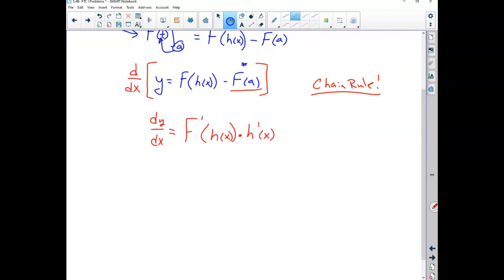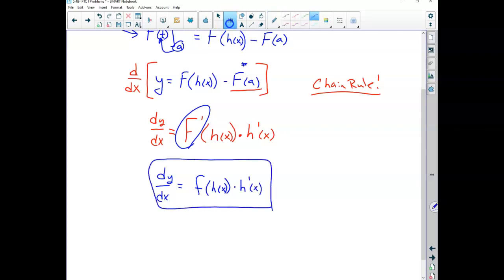The derivative of that a, that's a number, that's just gone. And remember, dy/dx, we took some time here to rename big F prime as actual little f. And it's not two f's. It's actually little f of h of x times h prime of x. It's the chain rule.